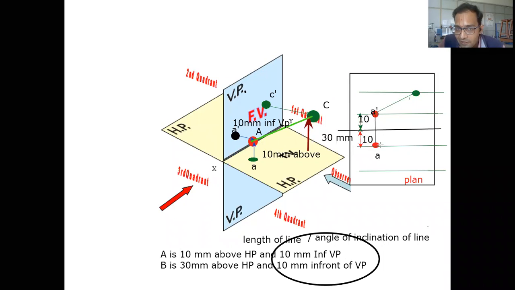ठीक है, ये कॉमन है सबके लिए. Whenever any position is indicated, we are always drafting a line for that position. तो यहाँ पे अगर मैं बोलता हूँ point A is 10 mm above HP, तो उसके लिए मैं एक लाइन कंस्ट्रक्ट करूंगा. उस लाइन पे जो प्रोजेक्शन मिल रहा है उसे मैं एलिवेशन बोलूंगा, that is going to be A dash. In similar manner, for 10 mm in front of VP, I'll be drafting a whole line which is indicating infinite possibilities of positioning of A. And then what I do, I drop a line from A dash towards that line to get the position of A. Is it clear? सबको समझ में आ रहा है?